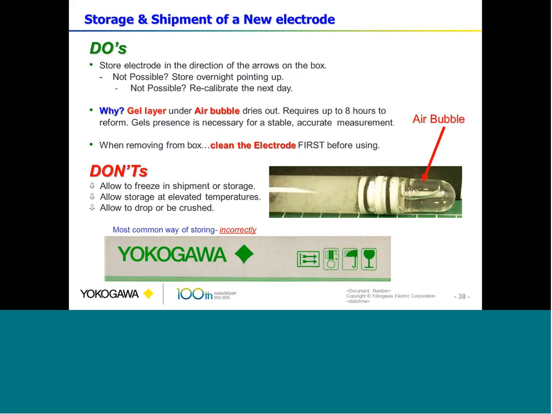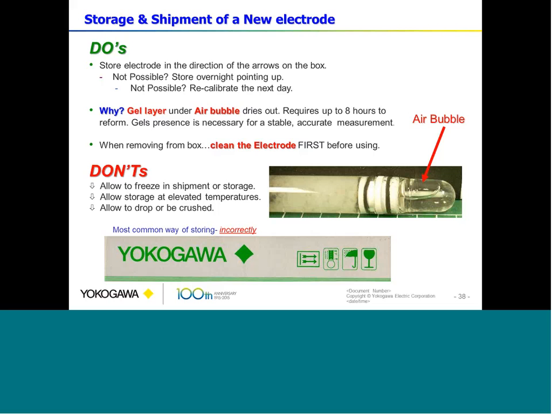I want to talk a little bit about storage. I'm sure you all store your electrodes correctly, but we talked earlier about the boot that the probes come in to keep the outer side of the pH measuring bulb wet. Well, there's a little air pocket in the pH electrode.